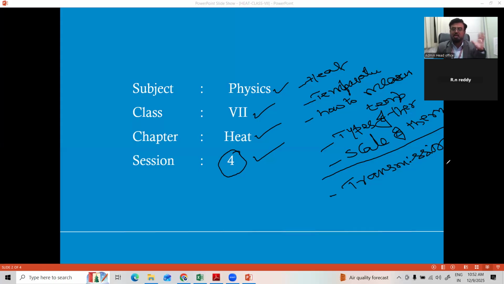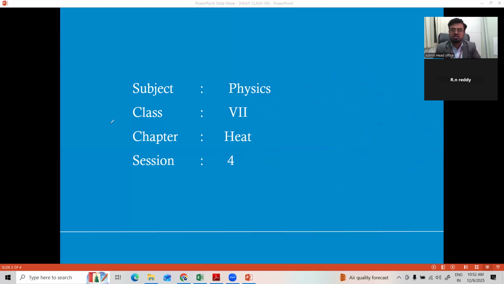It will travel even through vacuum, like our sunlight traveling through vacuum and reaching our earth. So these are the three modes of transmission of heat. I've given so many examples also. There are innumerable applications of these three modes of transmission in our day-to-day life.